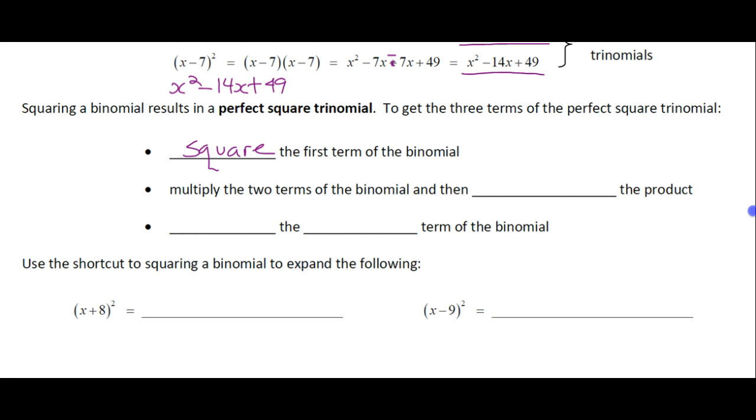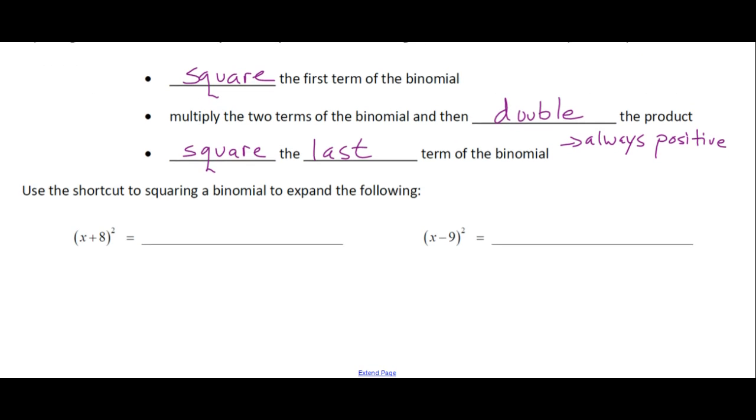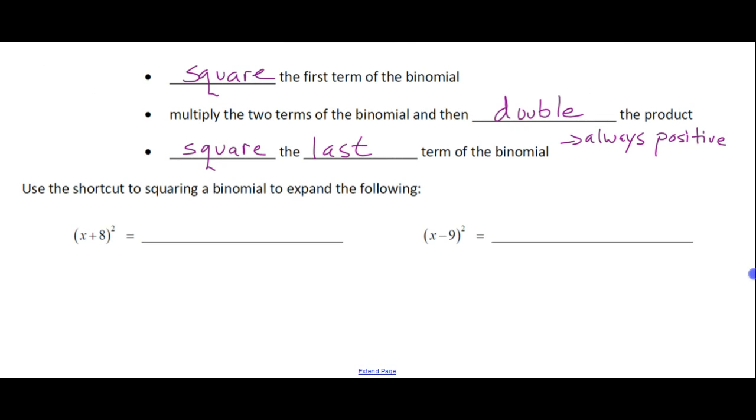You multiply the 2 terms of the binomial and then double the product, and you square the last term of the binomial, which will always result in a positive, right? Always positive. Because if it's negative, you got a negative times a negative. And if it's positive, you have a positive. All right, go ahead, you do these two.